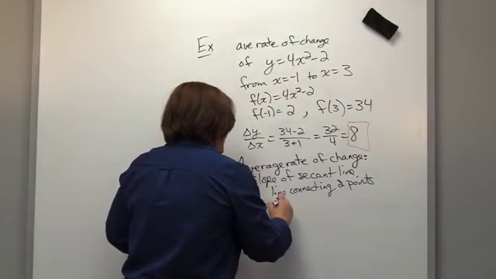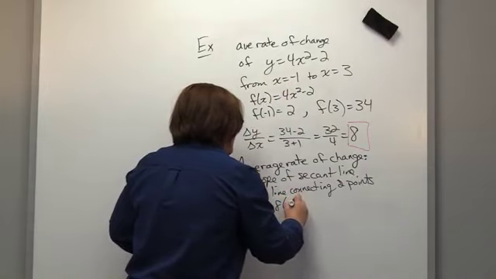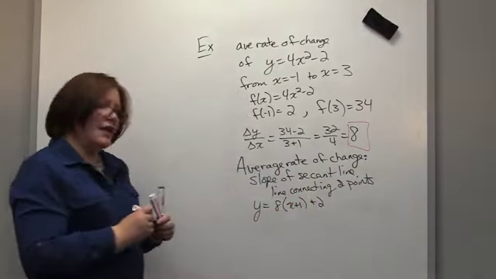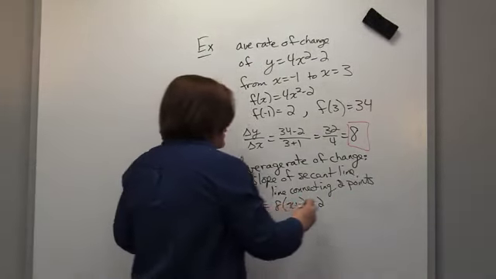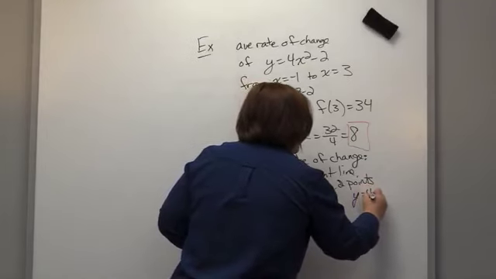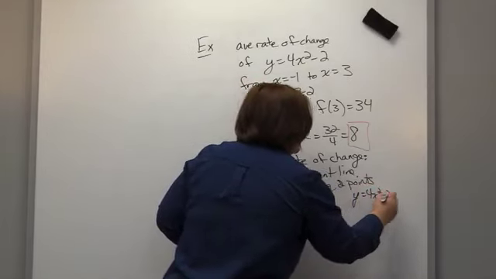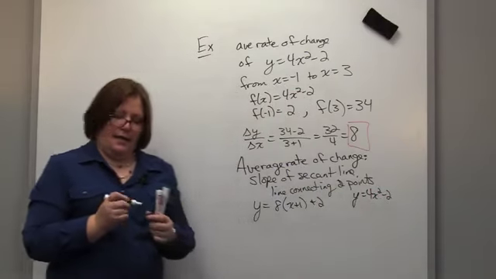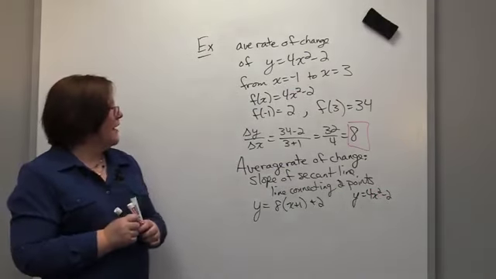So we have 8 times x plus 1 plus 2. If we were to graph this along with the parabola y equals 4x squared minus 2, we would see that this line does indeed connect those points on the parabola.